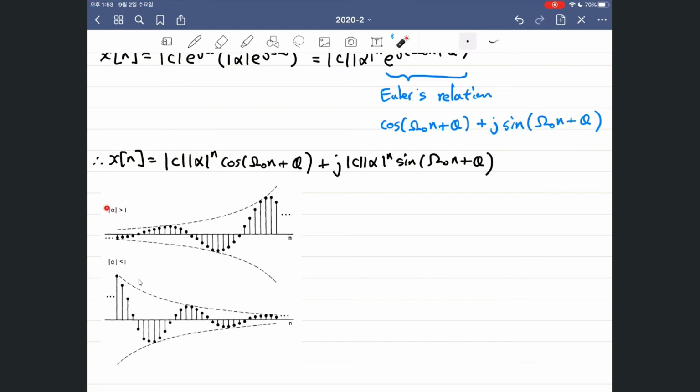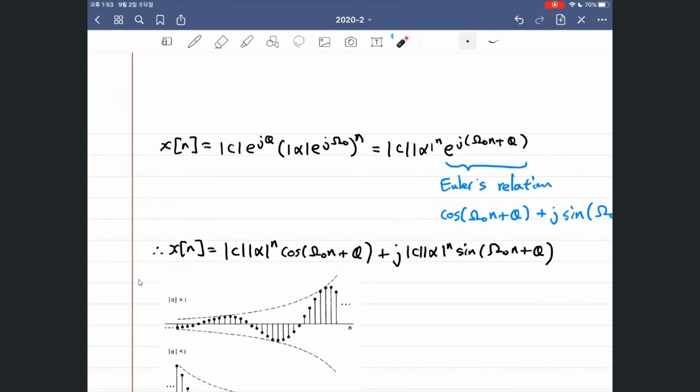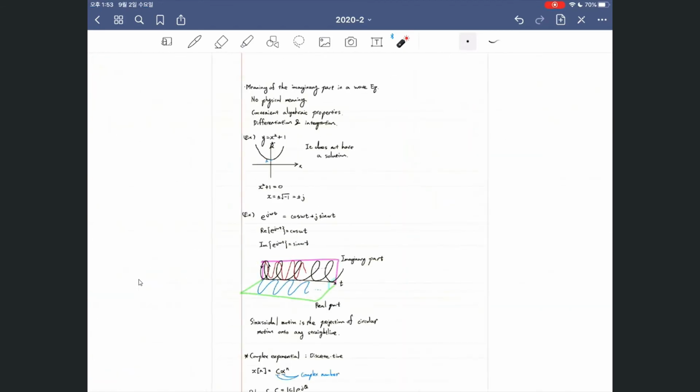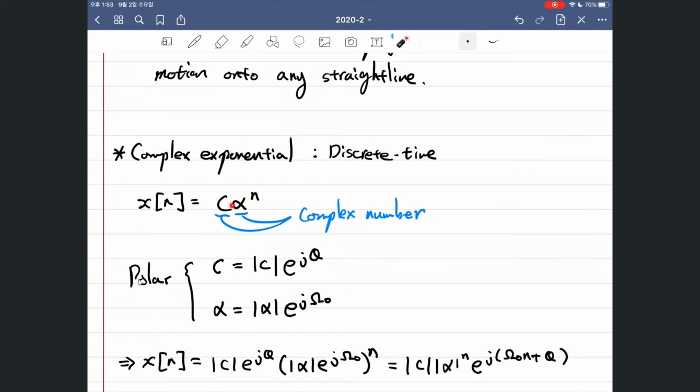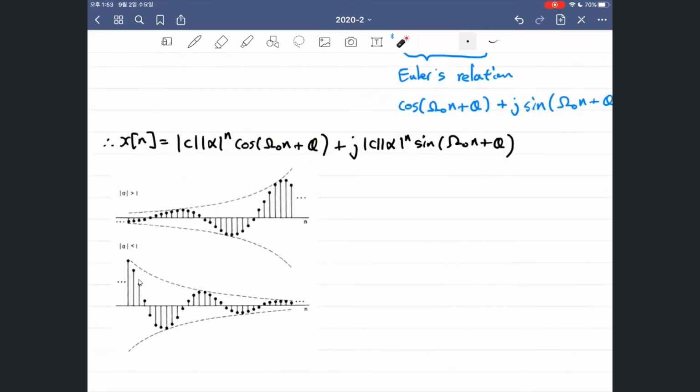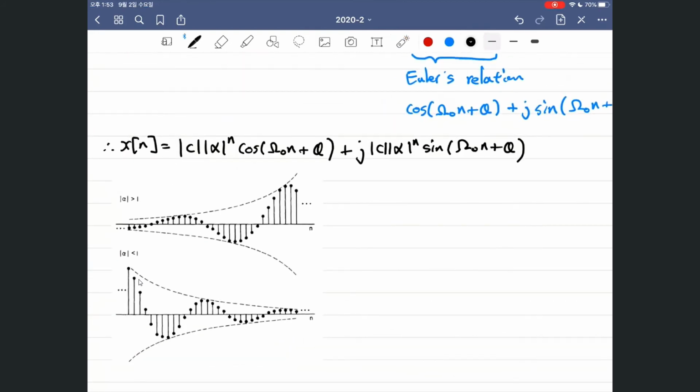So if the magnitude of alpha, which controls the alpha right here, is bigger than 1, then it's a growing exponential.